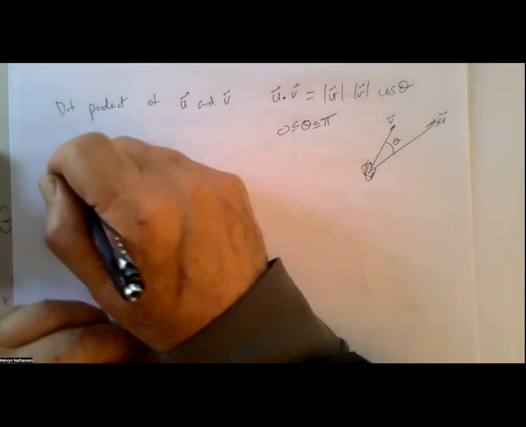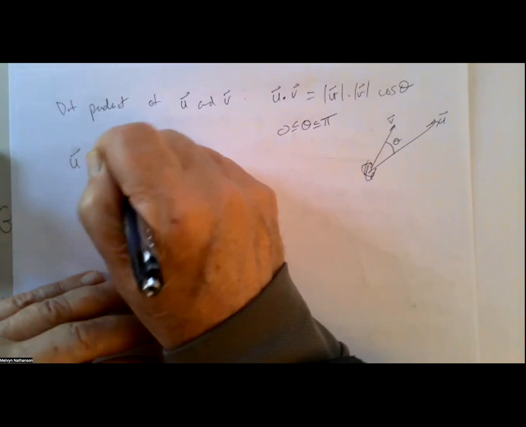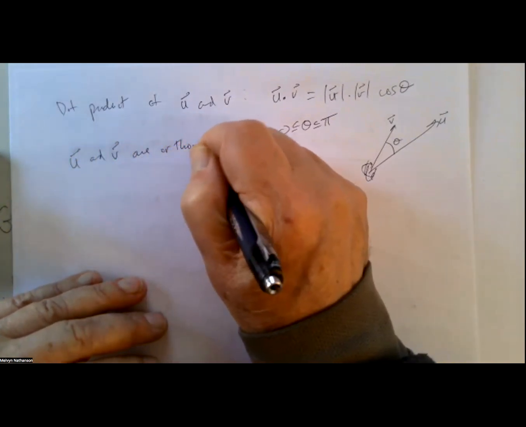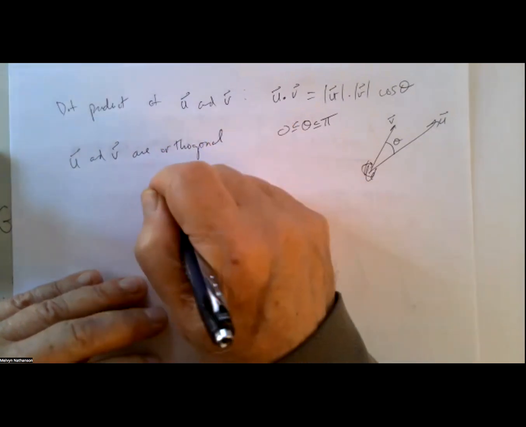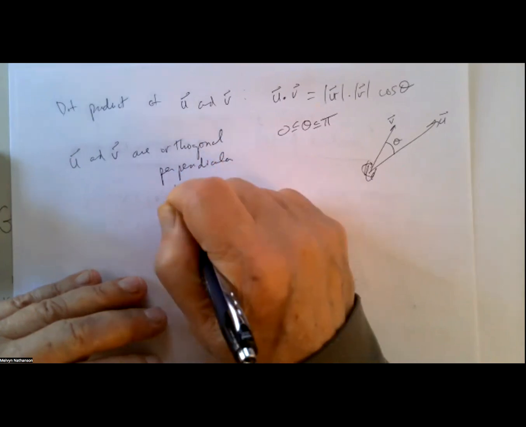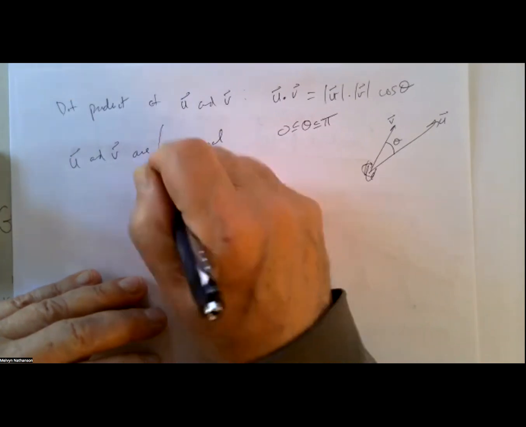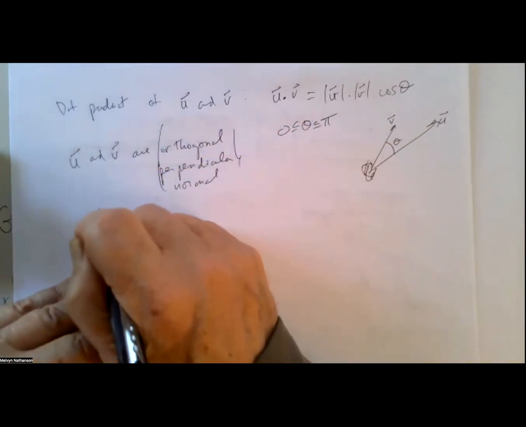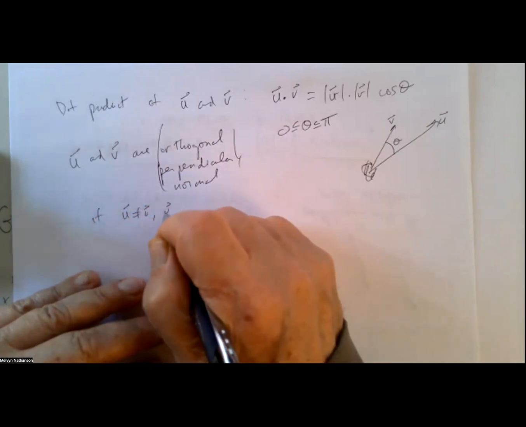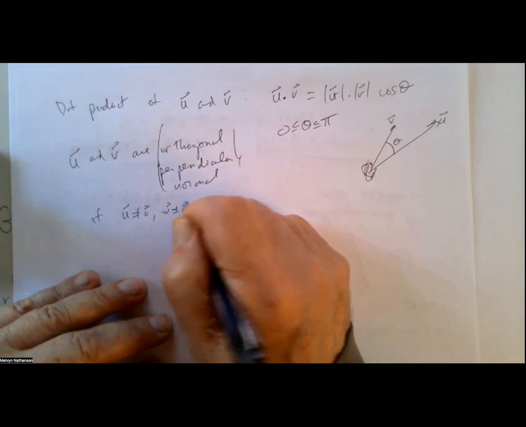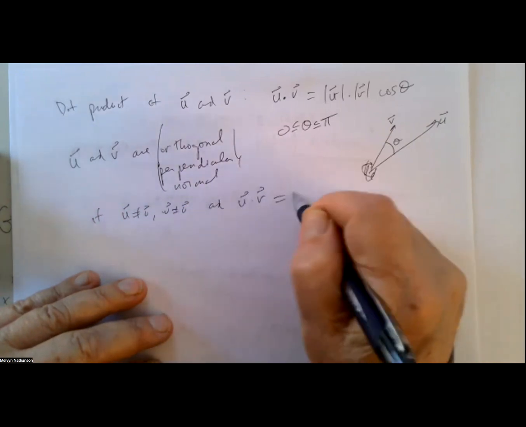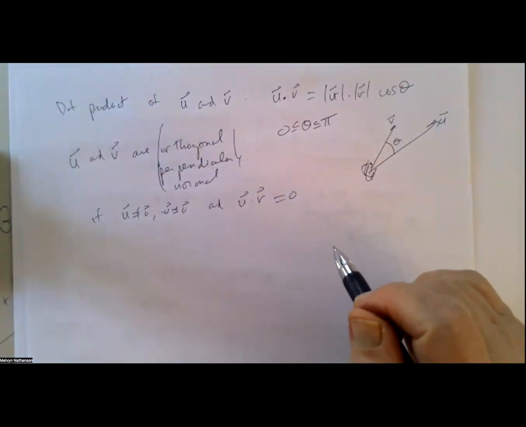And we say that U and V are orthogonal, which is another word for perpendicular, and sometimes normal, if U and V are non-zero vectors and the dot product is equal to 0.